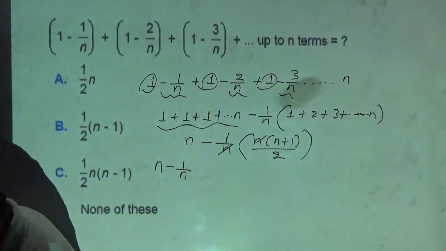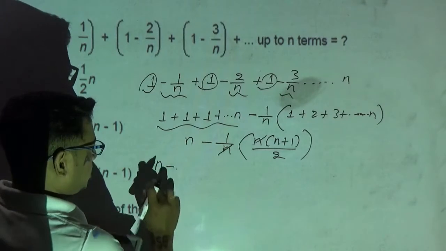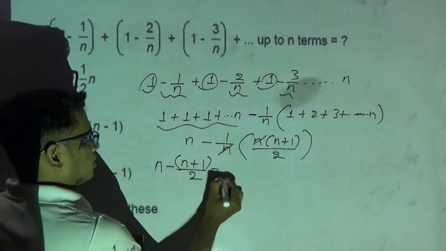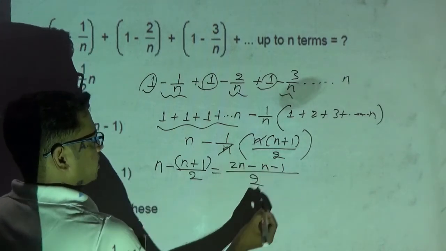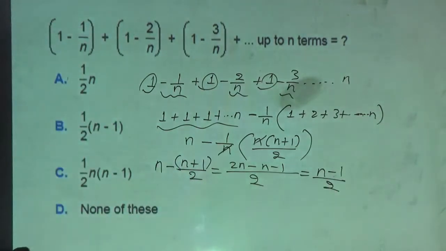What is left out is n minus n plus 1 divided by 2. LCM is 2. This will be 2n minus n minus 1, so n minus 1 divided by 2.